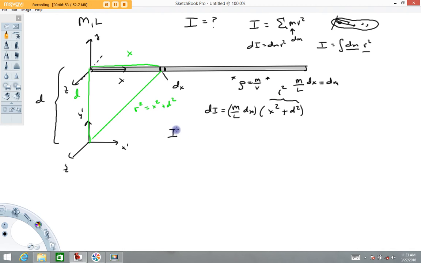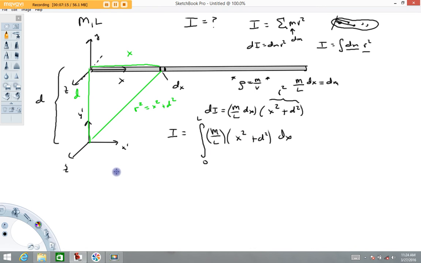Our total moment of inertia we're going to get by adding those all up. And I'm going to go ahead and put that dx last. And x again is running from 0 to L. Now, this has two terms to it, so I'm going to go ahead and separate that.